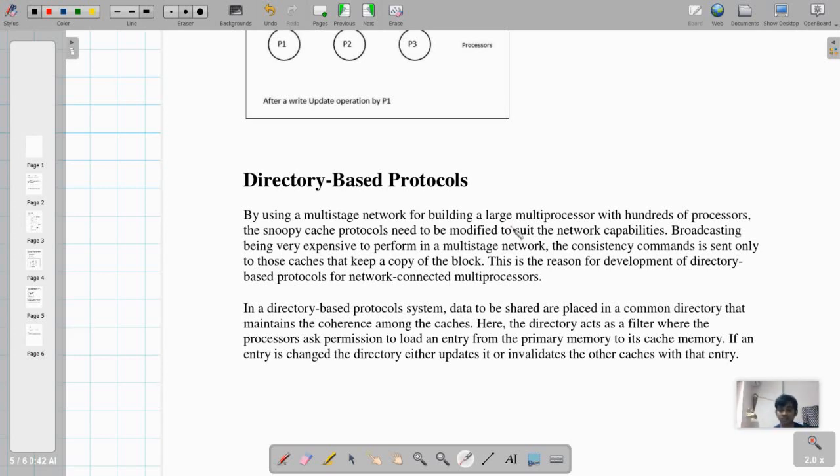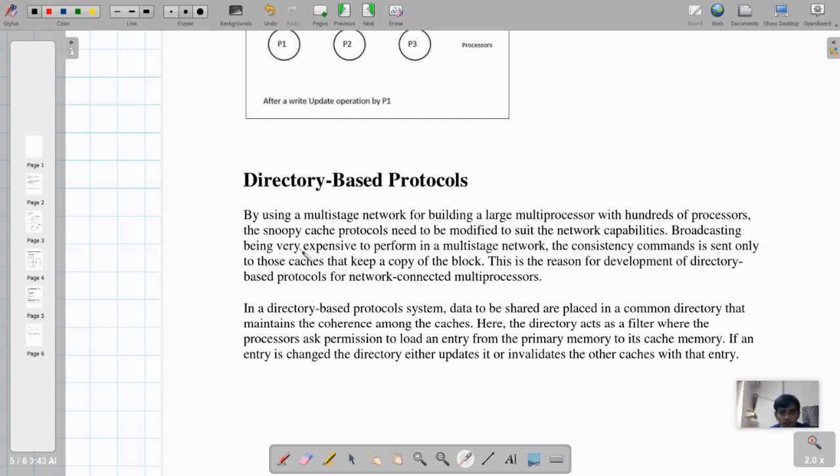Rather, you have hundreds, thousands of processors. The Snoopy cache protocol needs to be modified to suit the network capabilities. If you have hundreds of processors, then this broadcasting task becomes costly. How? Because whenever you broadcast some message, it needs to reach hundreds of other processors.